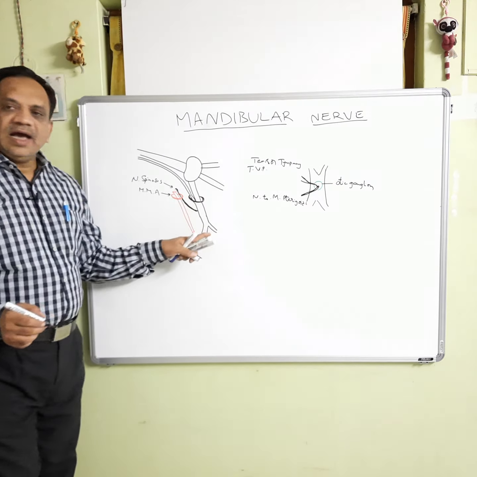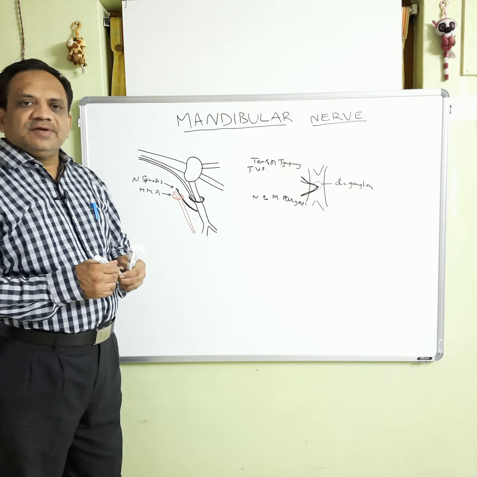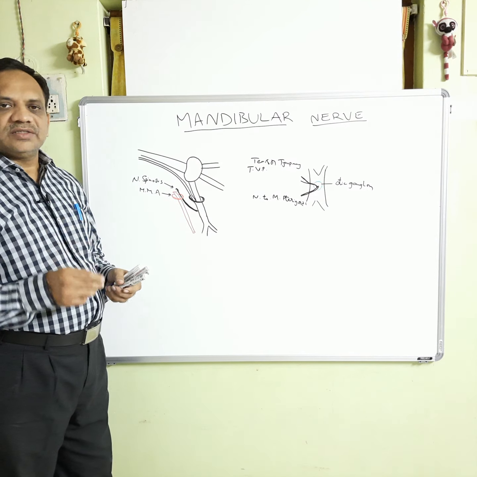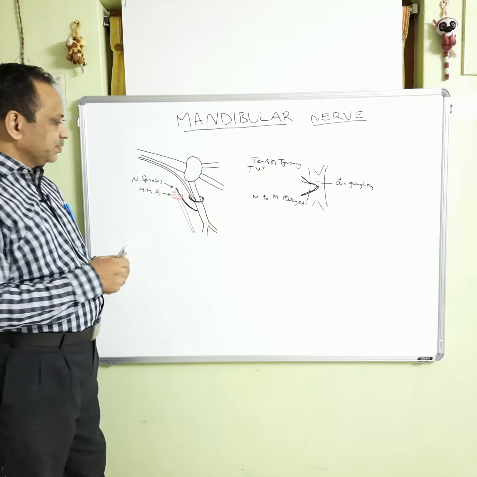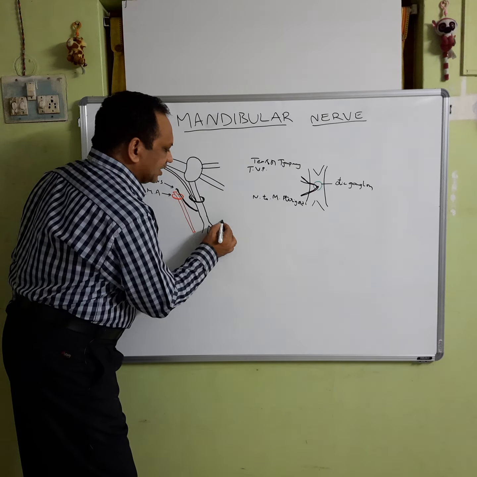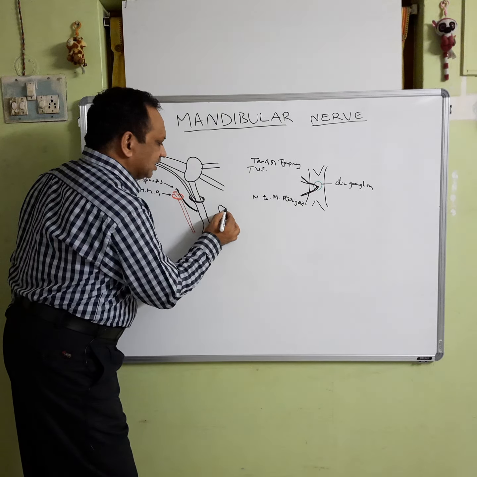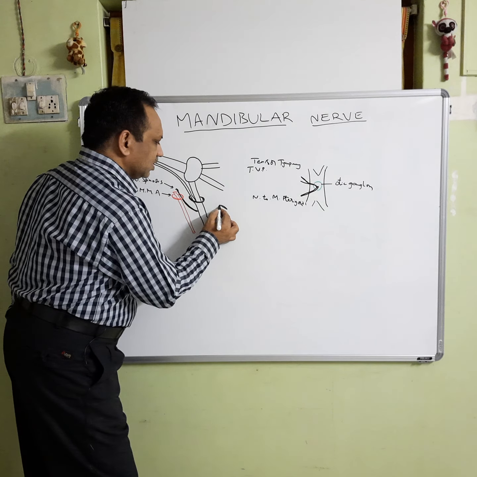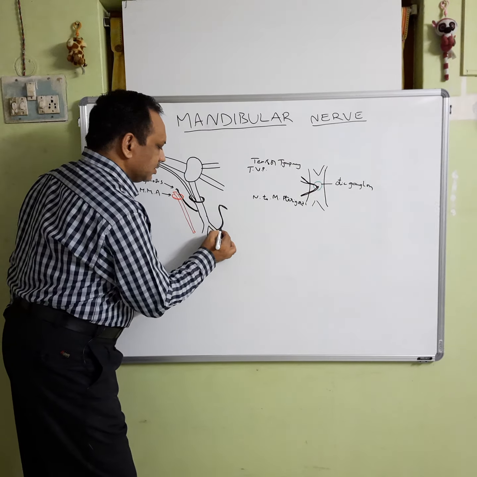Now coming to the anterior division. The anterior division gives three motor branches and one sensory branch. The first motor branch is the nerve to the masseter, or the masseteric nerve.